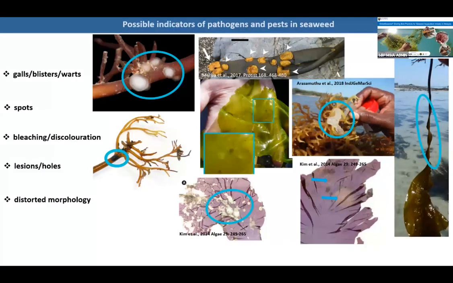I haven't presented disease symptoms of filamentous macroalgae here, which of course are less obvious and require a first screen via microscopy, but they also show classical signs which are discoloration and host cell deformation.